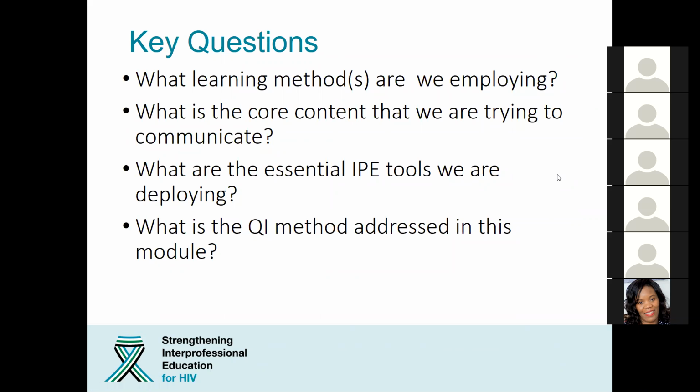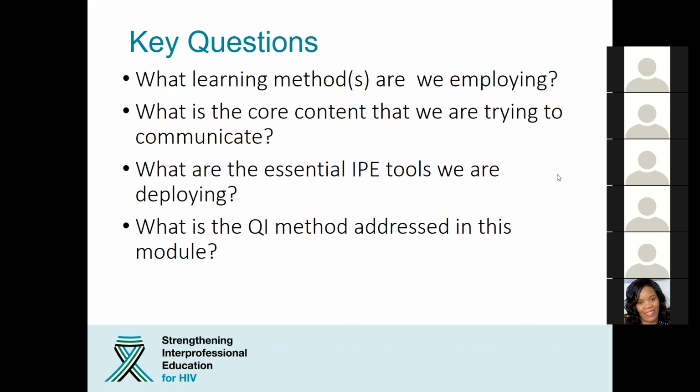I just wanted to add something to Deborah's excellent presentation, perhaps just for information of everyone regarding especially pediatric HIV. I'm currently in Sierra Leone doing some work around this, and I think this is so critical. It's one of the modules that we really need to focus on, especially when we look at the HIV pandemic in our continent. One of the key things that needs to come out more is the issue of disclosure to children, which is still a big problem in many of our African countries.